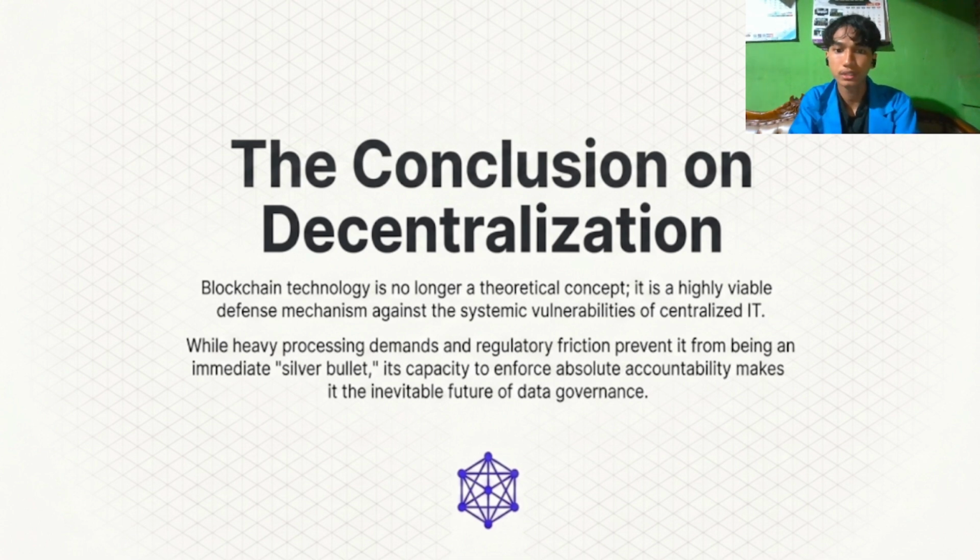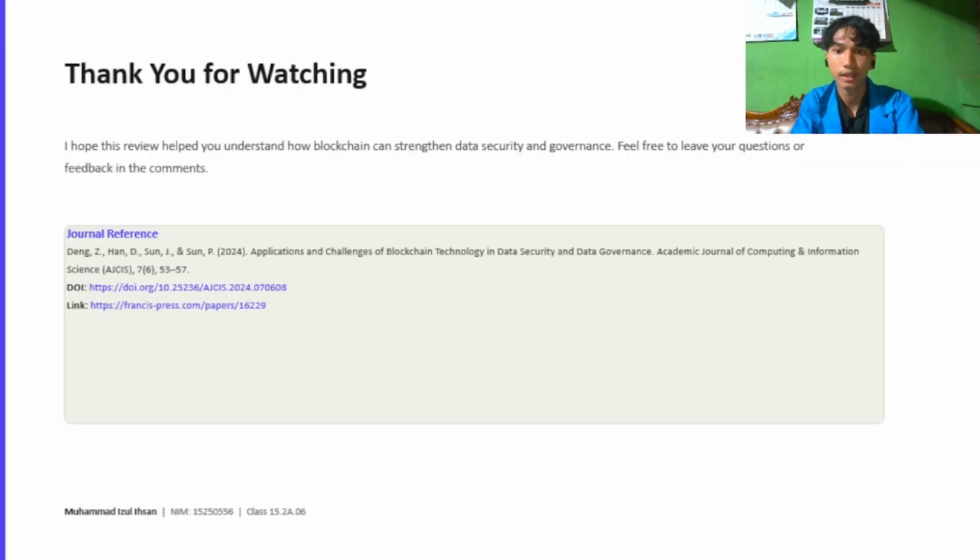While heavy processing demands and regulatory frictions prevent it from being an immediate silver bullet, its capacity to enforce absolute accountability makes it the inevitable future of data governance. These strong conclusions wrap up my analysis of the paper. So let's move to the last slide.